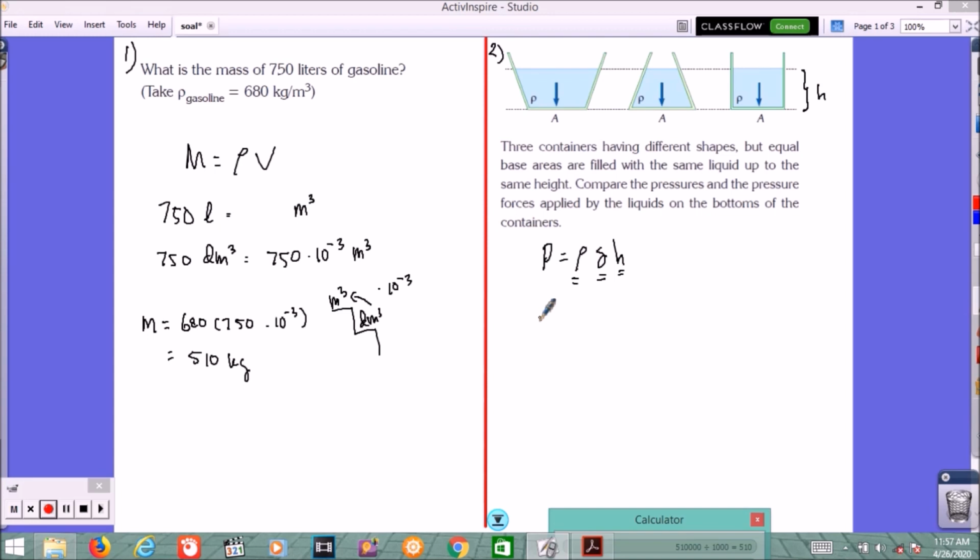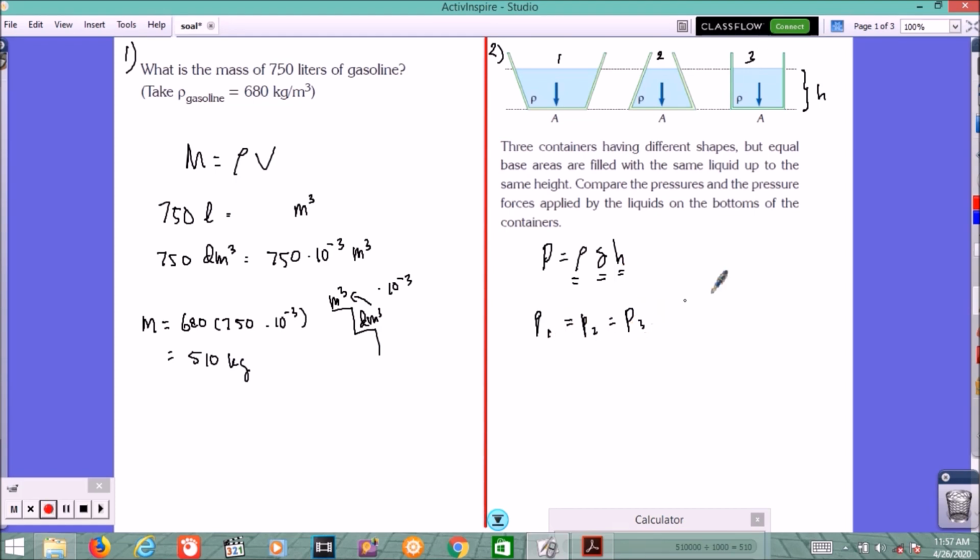So the pressures in container 1, container 2 and container 3 are equal: P1 equals P2 equals P3. And then the force is pressure times area, and the areas of the bottoms are equal, so the forces are also equal: F1 equals F2 equals F3.